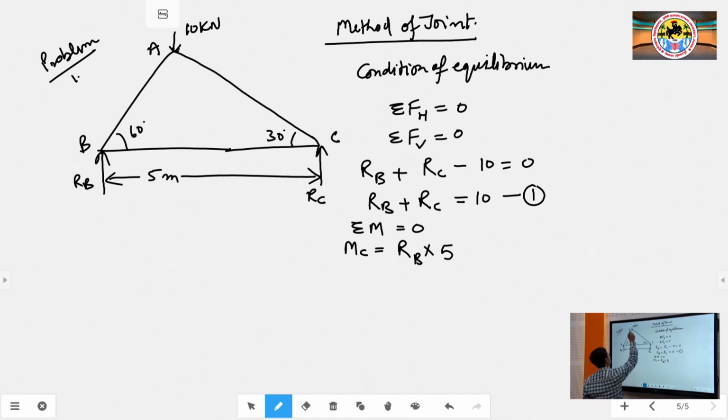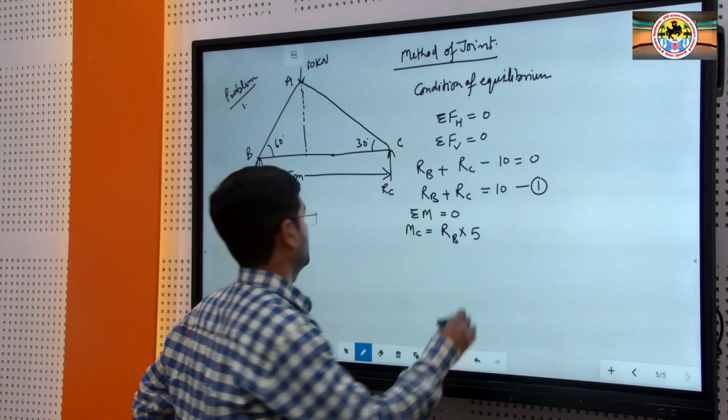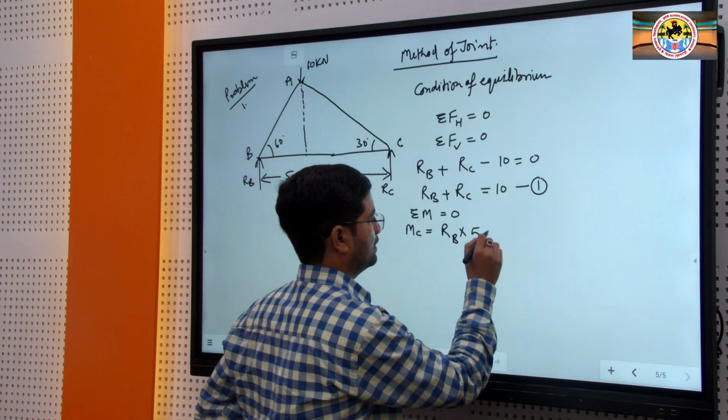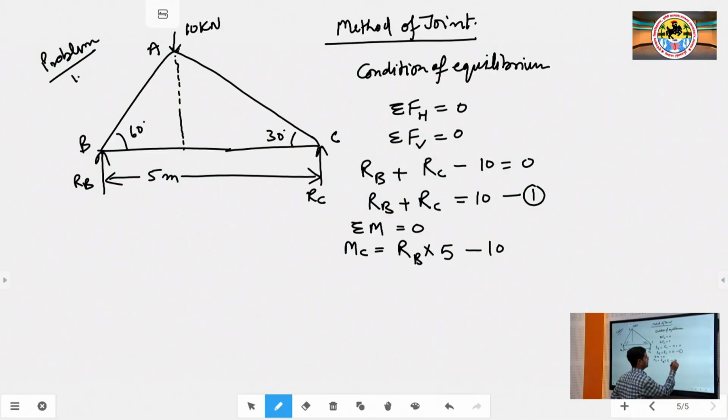Now, the other force is acting at point A, and this will give a moment about point C, and this will become an anti-clockwise moment. So how to calculate it: minus 10 into the perpendicular distance.